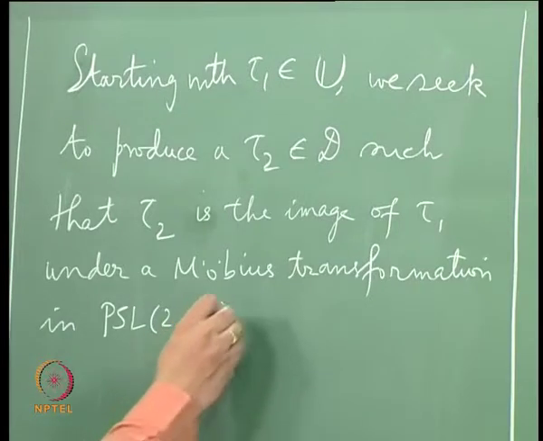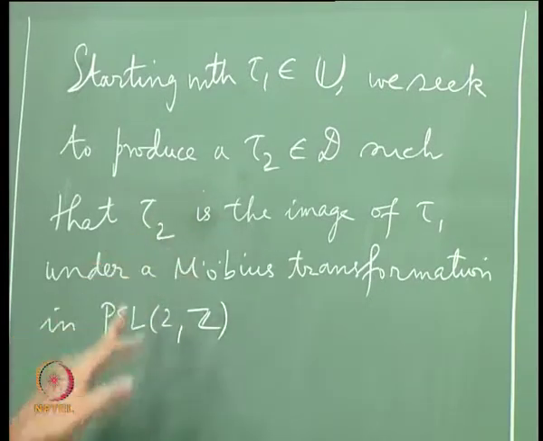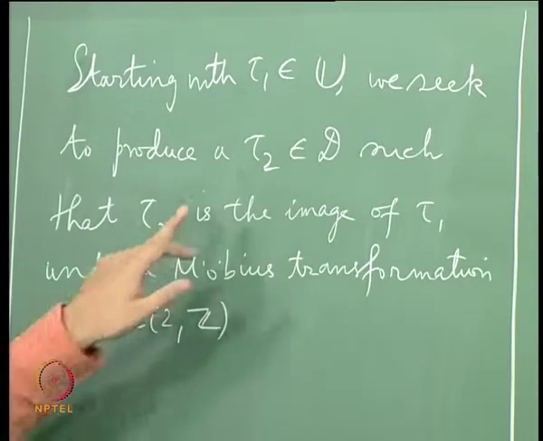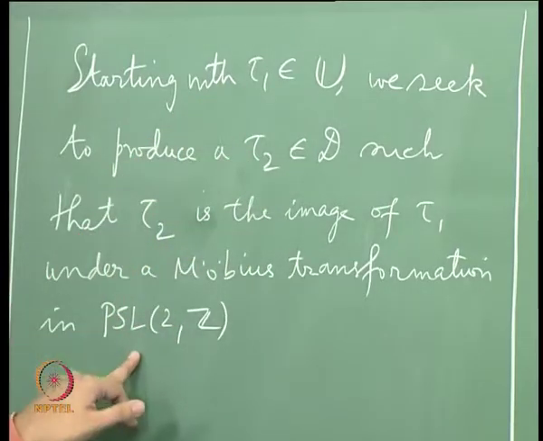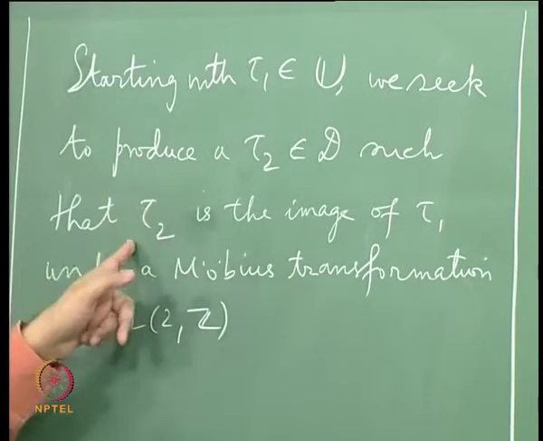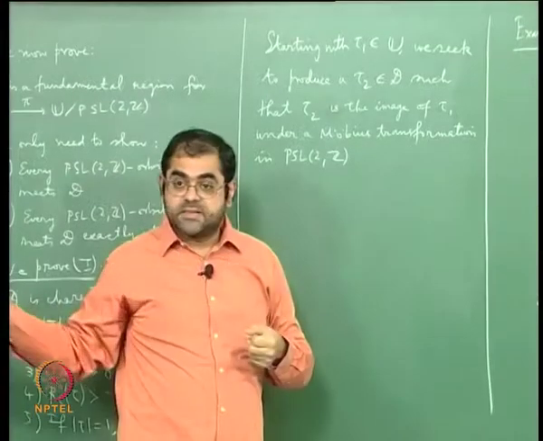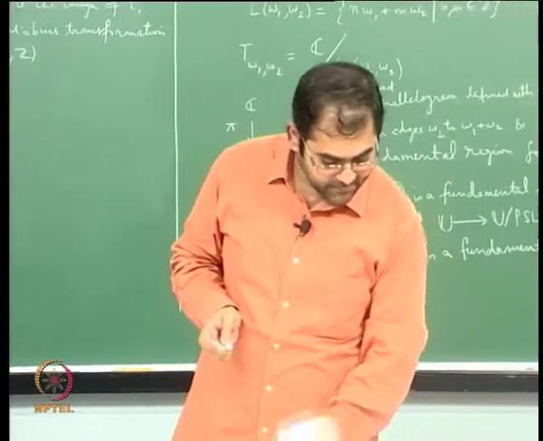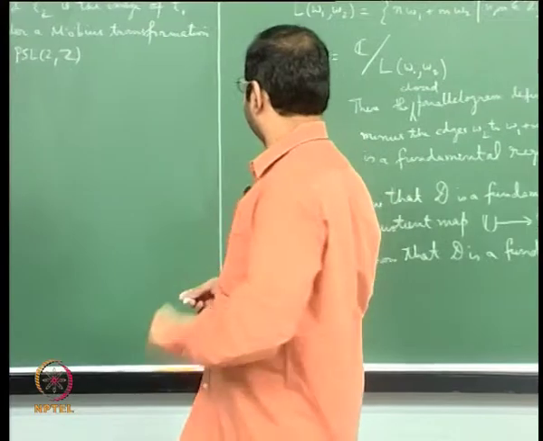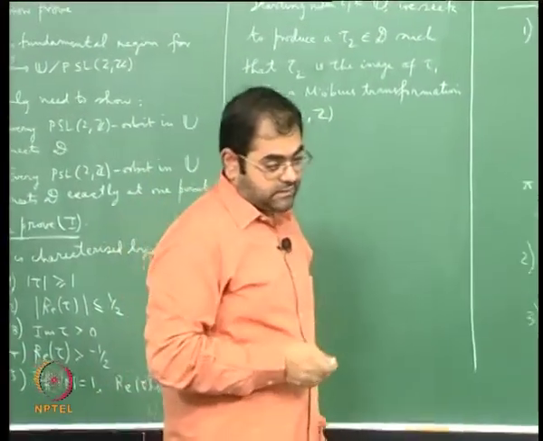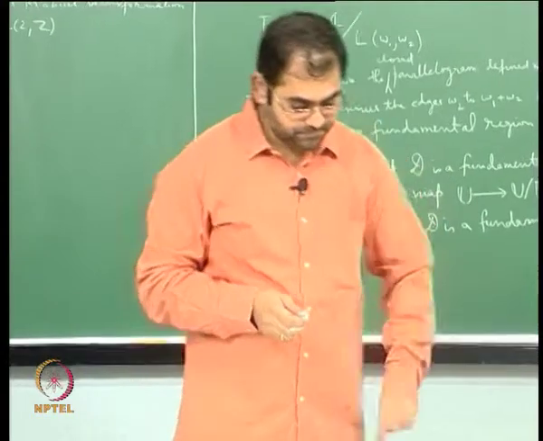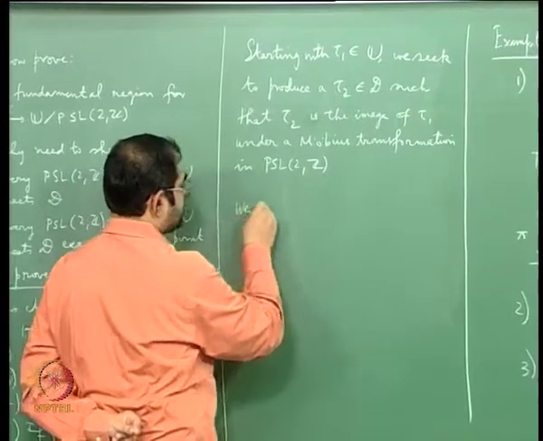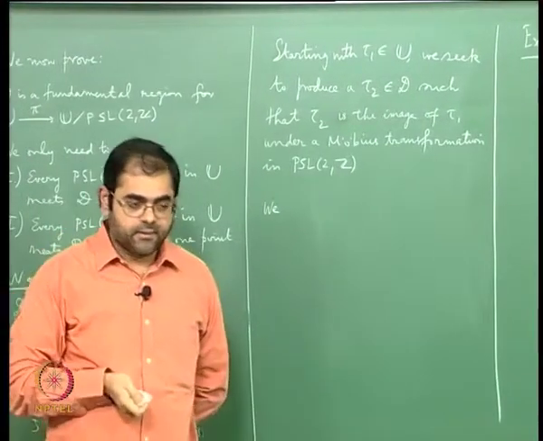So the point is that you have to cook up a suitable Mobius transformation so that the image of tau 1 under that unimodular Mobius transformation is equal to tau 2, and that tau 2 lies in script D. Now to begin with, let me say something before I begin.